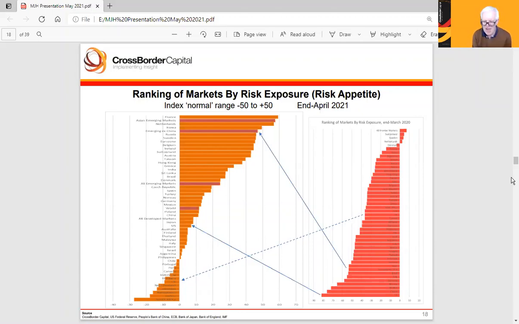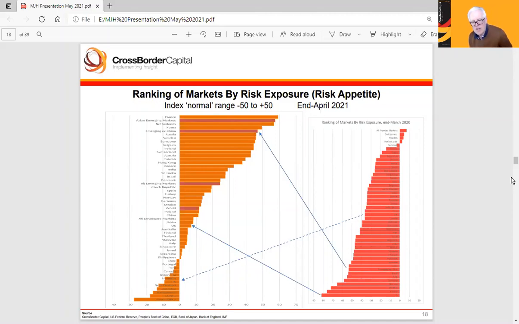I'll come on to that in a second, but just focus on the end April data. This is showing a ranking from most exposed to least exposed investors. I said France is very high there. It seems that there's been a lot of movement of French investors into equities, and risk exposure is well above normal levels.